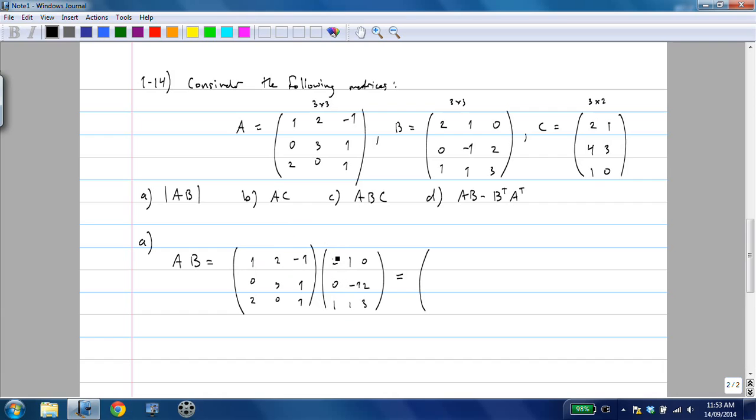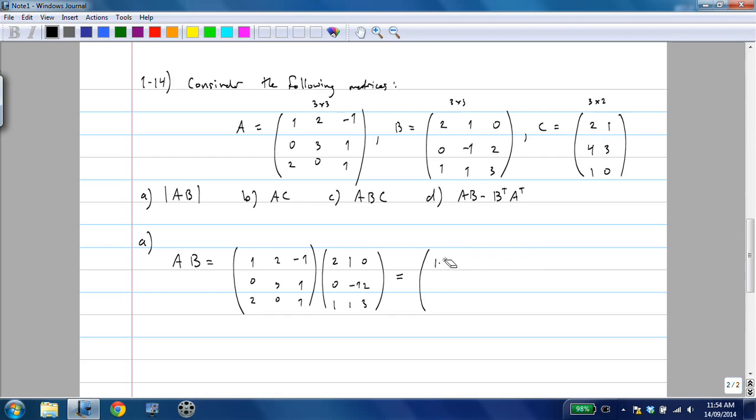So when we do that, we'll have 1 times 2 plus 0 times 2 plus negative 1 times 1.